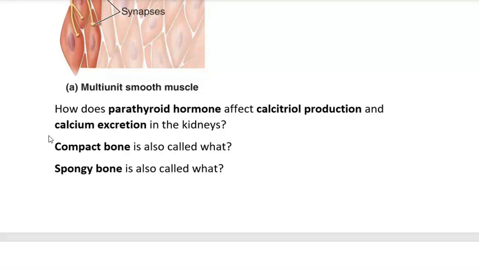Why? This is because the overall effect of parathyroid hormone is that it wants to increase blood calcium levels. And the way you do that is you can increase calcitriol and decrease calcium excretion. So decrease how much calcium you're losing in the kidneys. Okay.